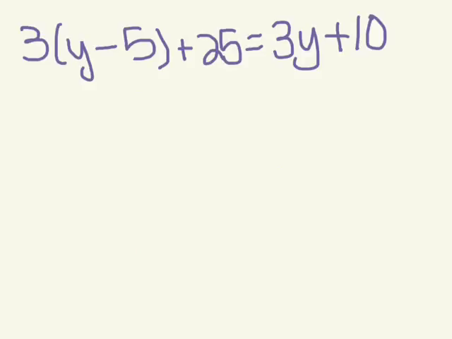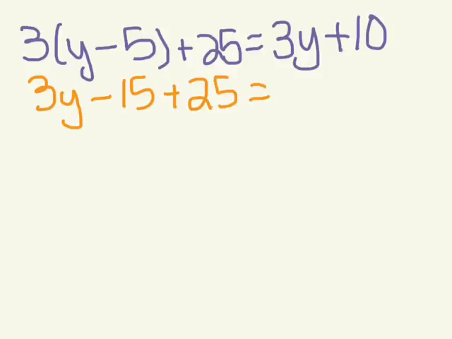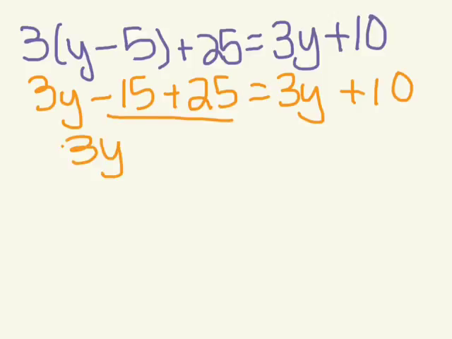Here's one where we need to distribute the 3 first. When I distribute the 3, I get 3y minus 15 plus 25 equals 3y plus 10. Before moving on here, I want to combine these two. So I get 3y plus 10 equals 3y plus 10.